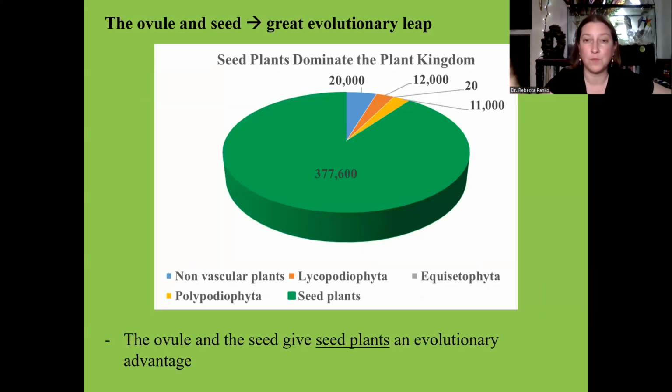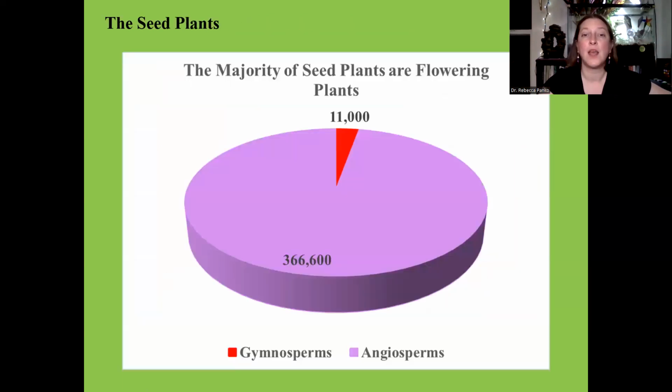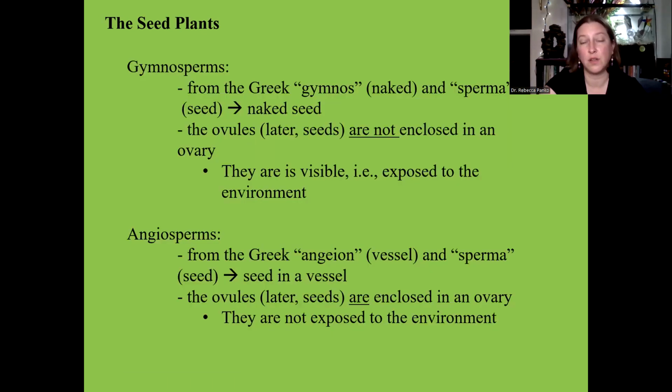If we go back here and take the green part of this pie, only looking at those 377,000 species, this is what would be inside of the green part. You can see over 360,000 of those species are angiosperms, and only about 11,000, give or take, are gymnosperms. So we're going to talk about gymnosperms first in this course.